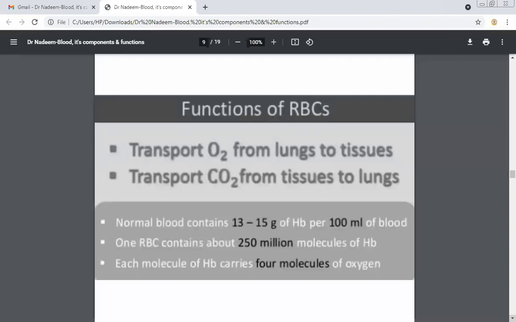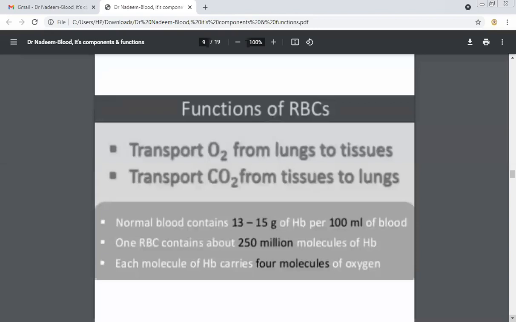So there is no scarcity of hemoglobin inside one RBC. Oxygen is easily transported from the lungs to the tissues via this RBC and in the blood. And each molecule of hemoglobin carries 4 molecules of oxygen.